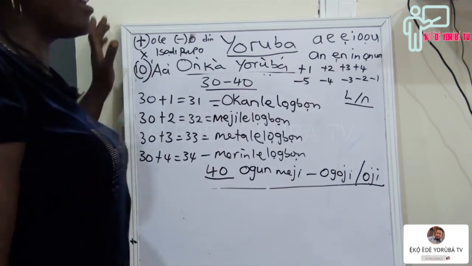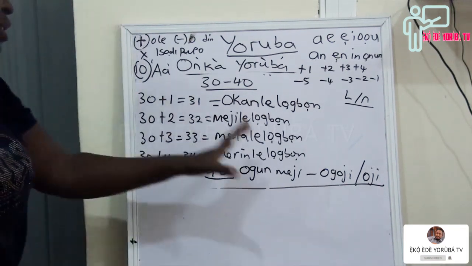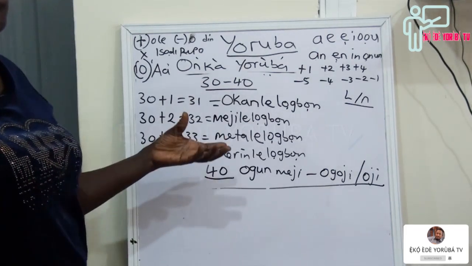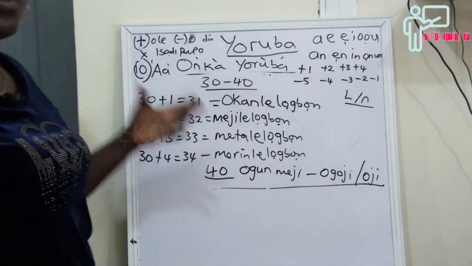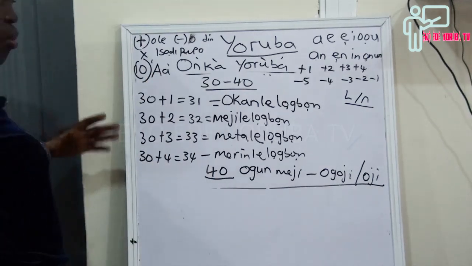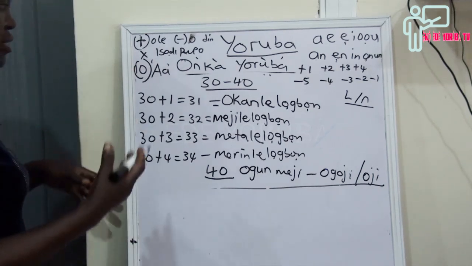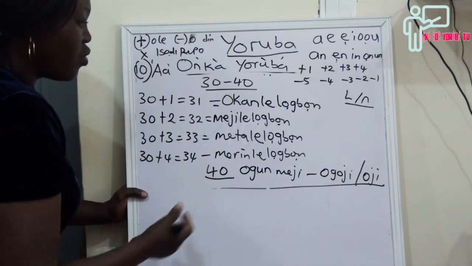That 20 we call oko, so I will still get to the place when I'm rewriting it. That 20 we also call ogún, then we call it oko, because we still use it in the next, when we are going further.